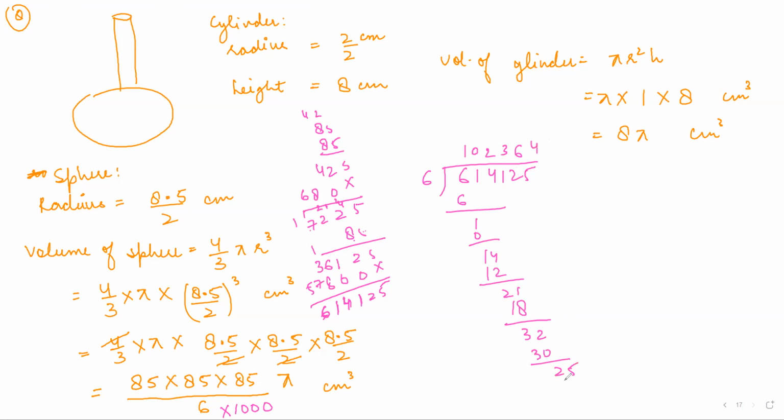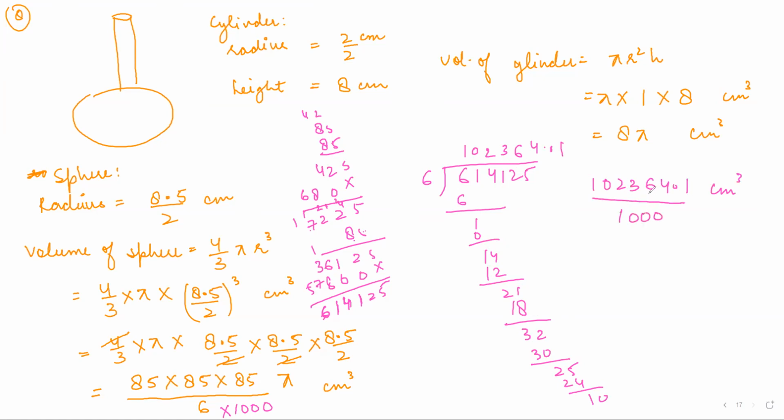Into 4 is 24. Okay, 10, so 6 into 1. So I'm getting this, right? 102364.1 centimeter cube. Then I have 3 zeros here.